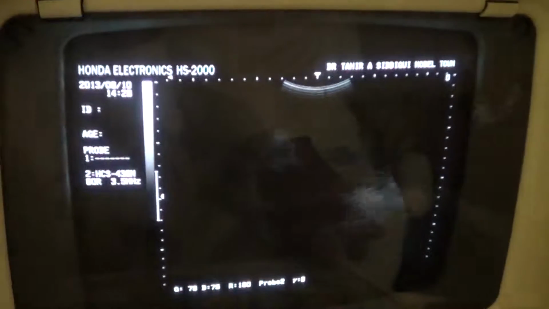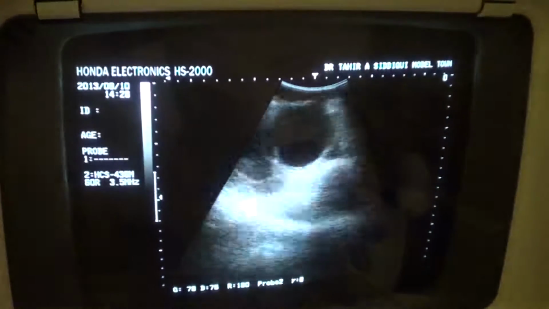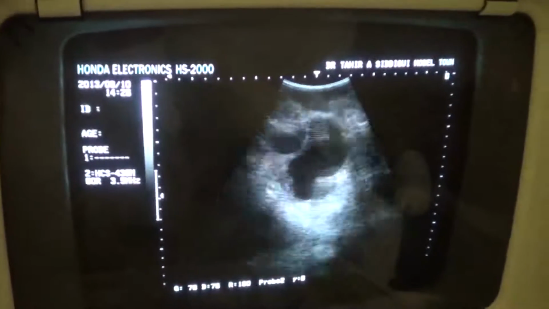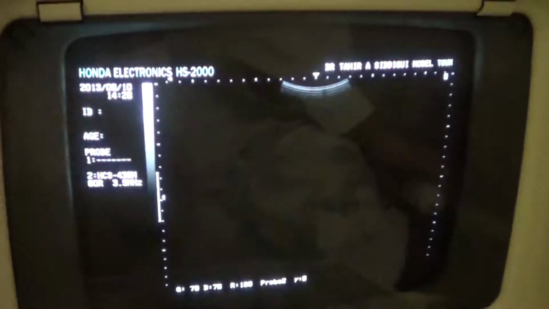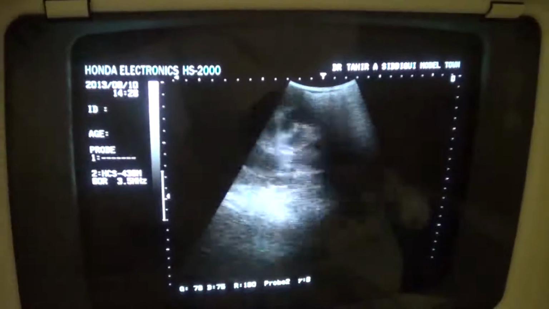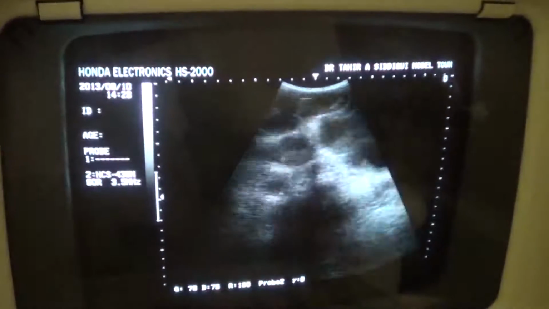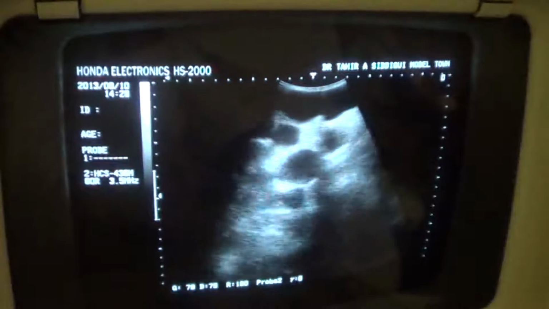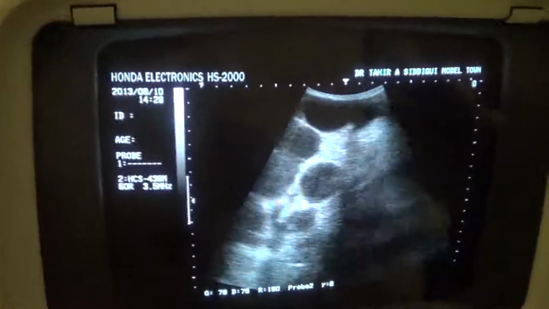Now, there is one other thing of importance to show you, which is the status of the ureter. Here you will see that the ureters give you a dilated, convoluted appearance. Now this is the ureter. Remember, this is the ureter.